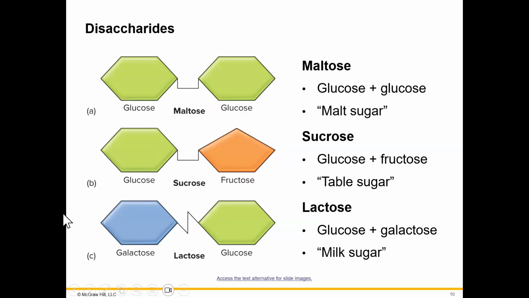When you put these two together, that forms lactose, and it is known as milk sugar. You see this chemical bond here, and some people do not have the enzyme needed to break this bond.